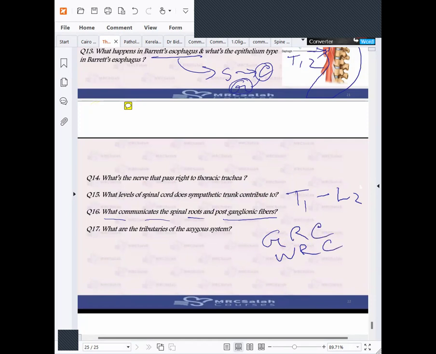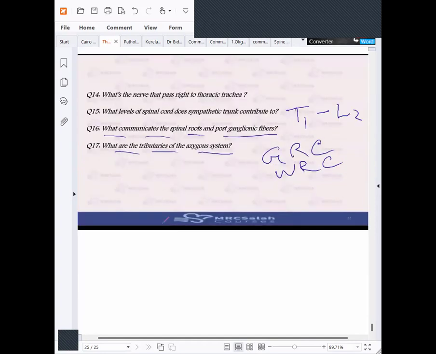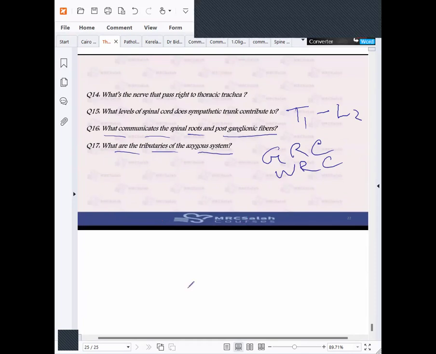Yes. And what are the tributaries of the azygos system? I have to revise these. It's been 2 months. But you remember everything. Who wants to answer? Azygos vein.